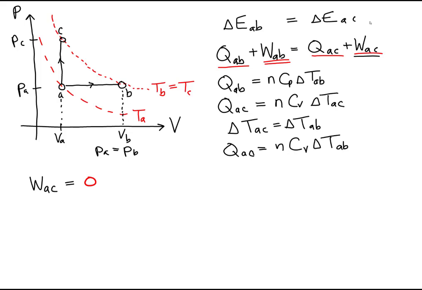So for the A to C process, I see that there is 0 area under the vertical line connecting state A and state C. Since there is a zero area under that line, I know the work done from A to C must be equal to 0. So that allows us to eliminate the work done from A to C term in our previous expression.